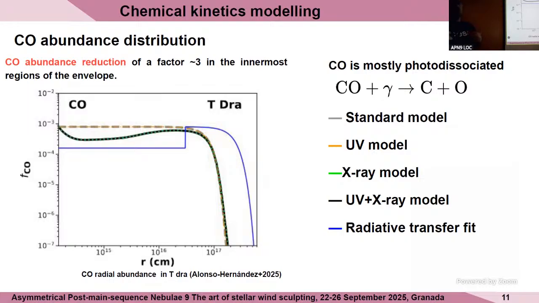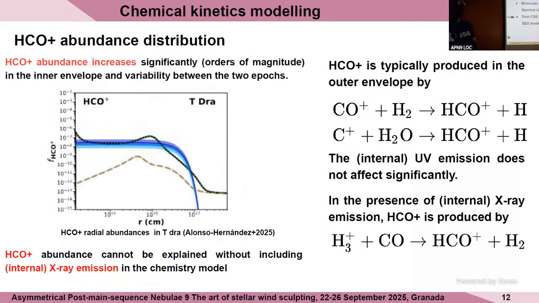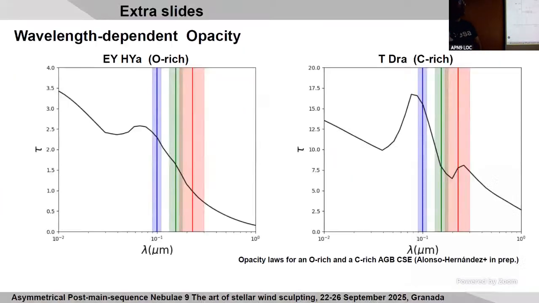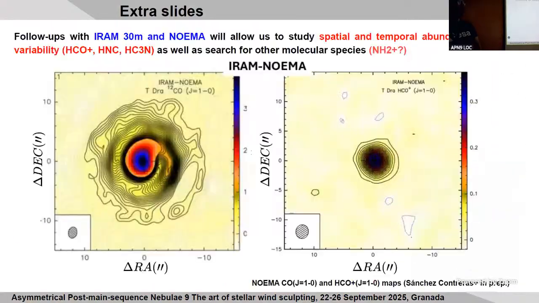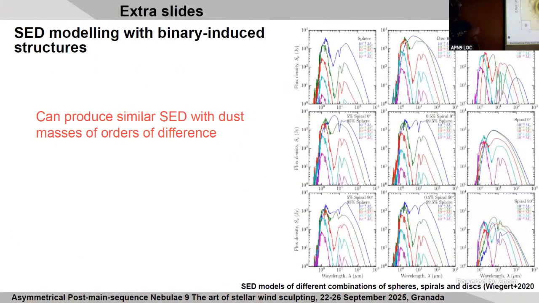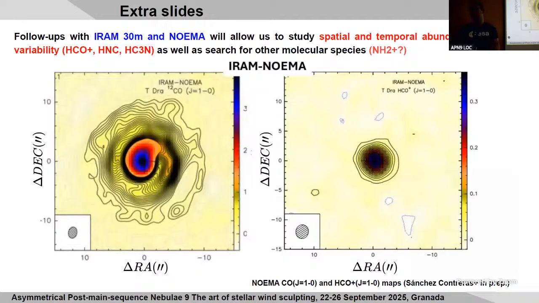We have also more recent observations from the NOEMA interferometer, and we now have seen that there is a big spiral, which is also affecting the line profiles. So in the future, we will have to take this into account too. Yeah, and does the size match what you got in your models? Yes, the size of the whole envelope is according to the models. Yeah, you can also see that the HCO plus is focused on the center of the envelope.